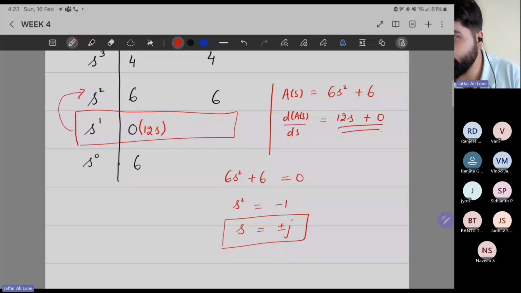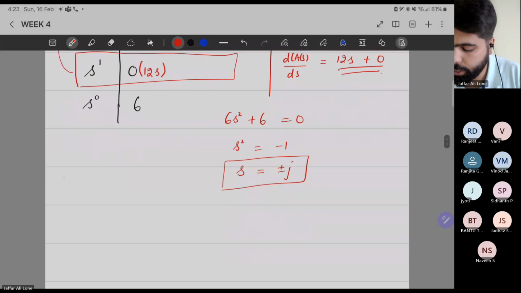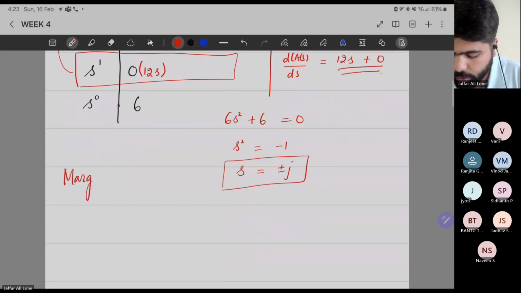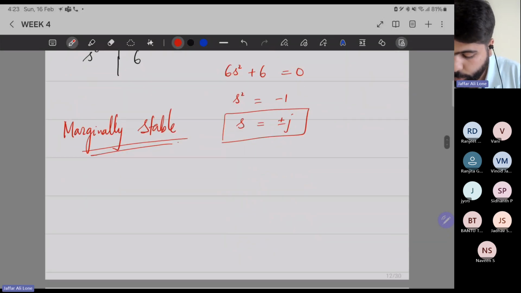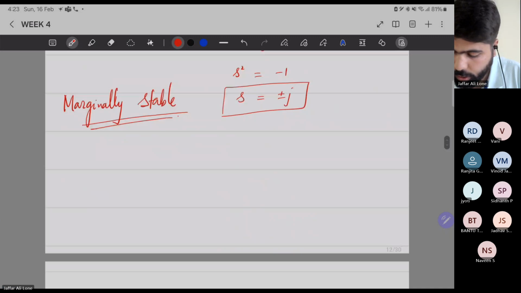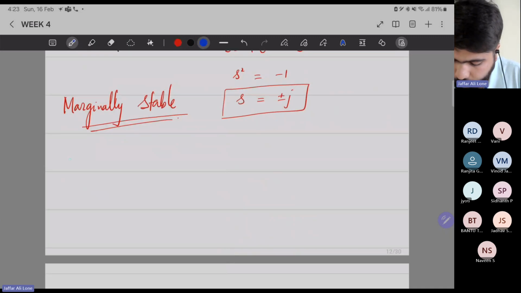So they are simple poles. They are not repeated poles. It means my system is marginally stable. My system is marginally stable.